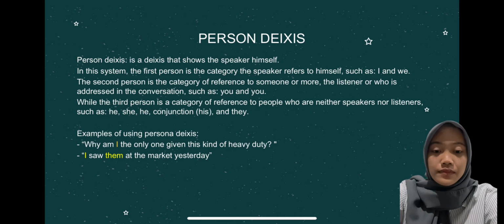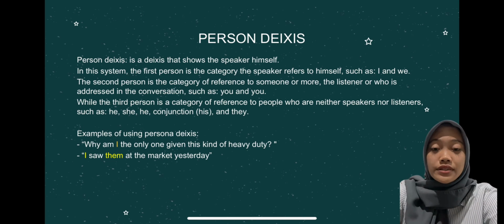In this system, the first person is the category the speaker refers to himself, such as I, saya, I, aku, we, kami, and we, kita. The second person is the category of reference to someone or more, the listener or who is addressed in the conversation, such as you, kamu, you, engkau, you, anda.